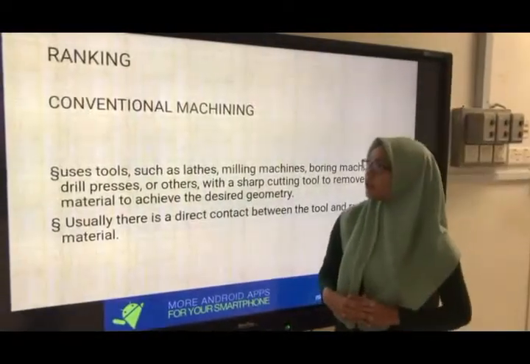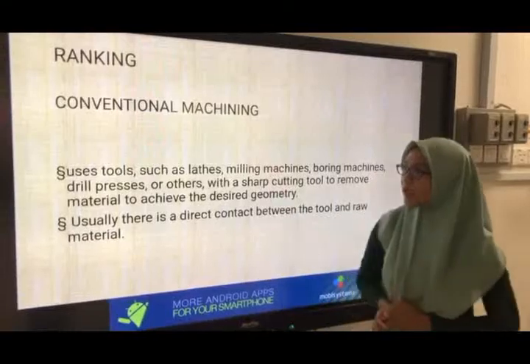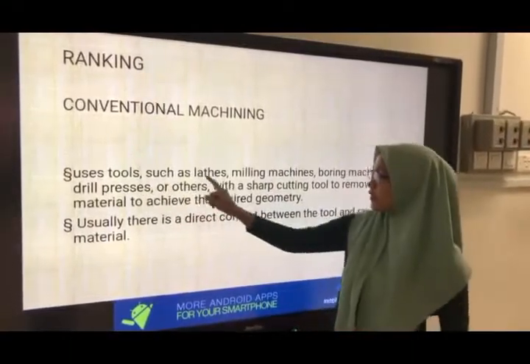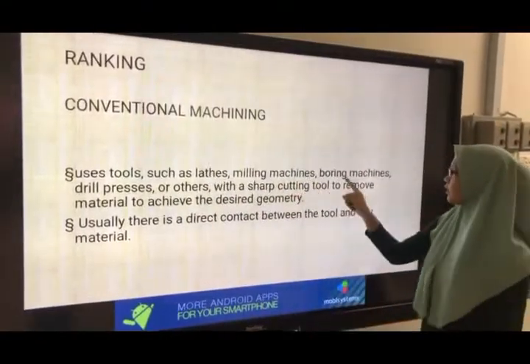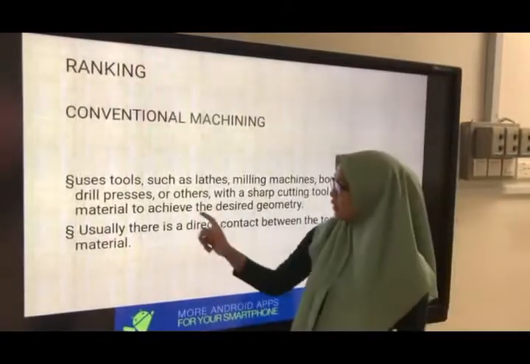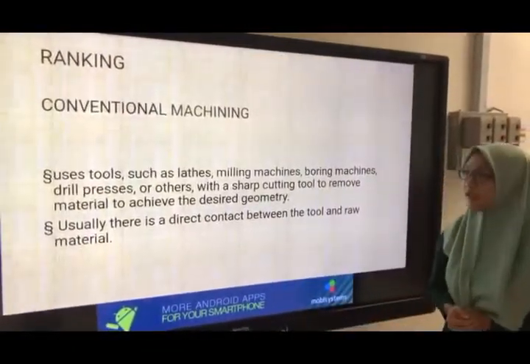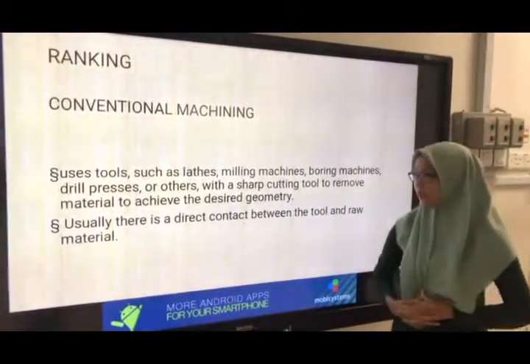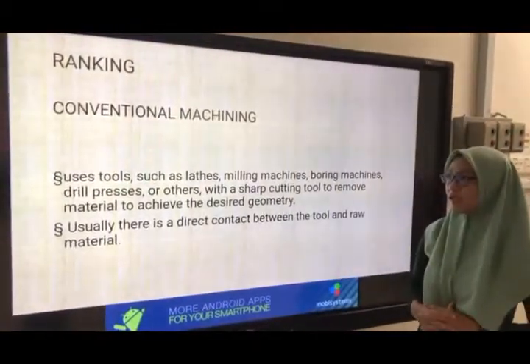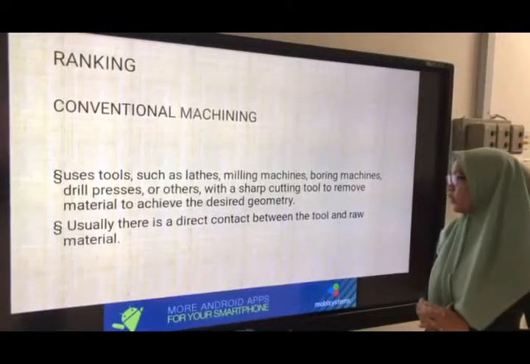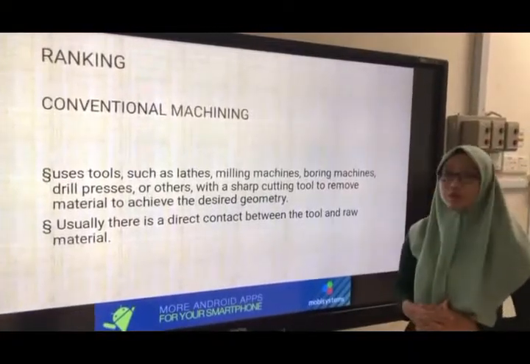For ranking, we use conventional machining, which uses tools such as lathe, milling machine, boring machines, drill presses or others with a sharp cutting tool to remove material to achieve the desired geometry. And usually there is direct contact between the tool and raw material.